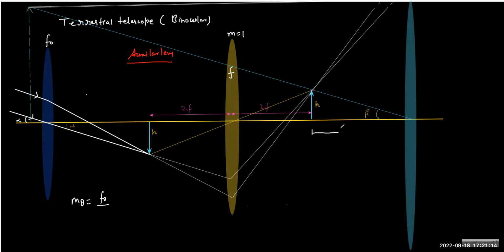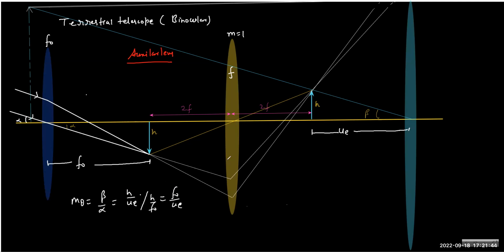So this is U_E. This is F naught. So it is beta by alpha, and beta is H by U, and alpha is H by F_O. So in short, this is F_O by U_E.